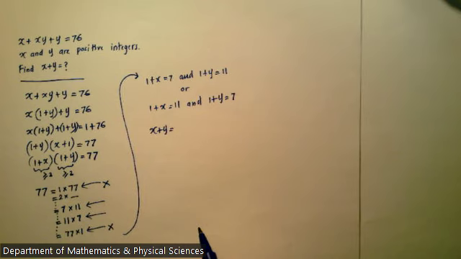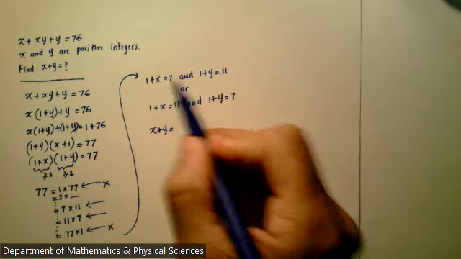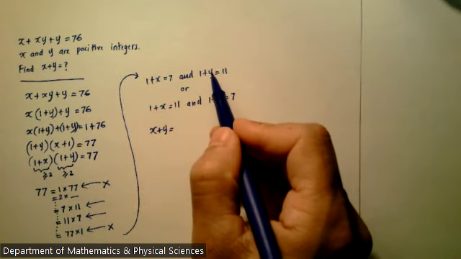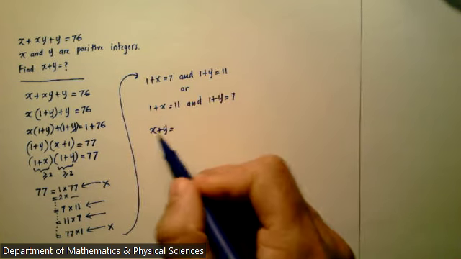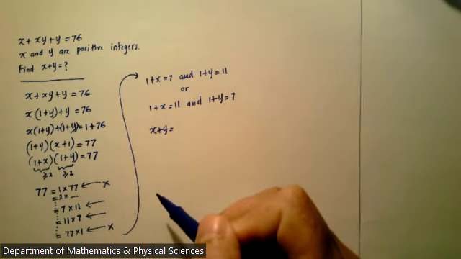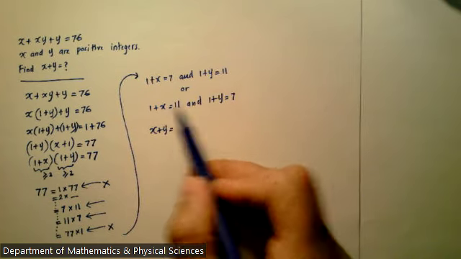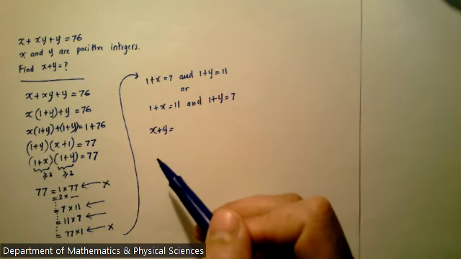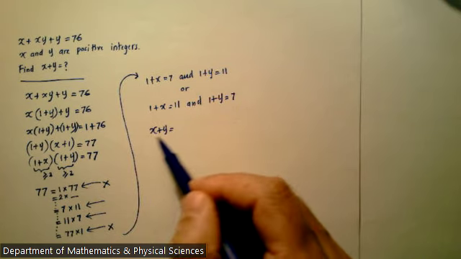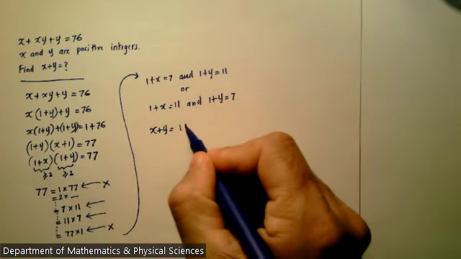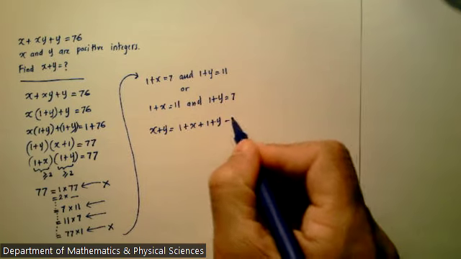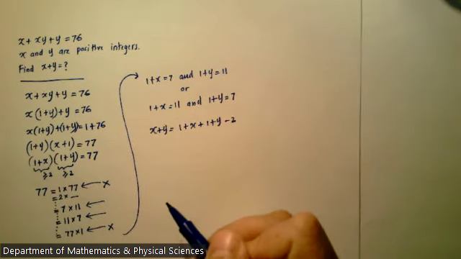We can do it in a couple of ways. From these we can find, if we choose this option, what our x would be and what our y would be, and then plug them in and simplify, and do the same from here under that option and see what we get. If not, I can rewrite this by adding 1 to x and also 1 to y and subtracting the 2 that I added.